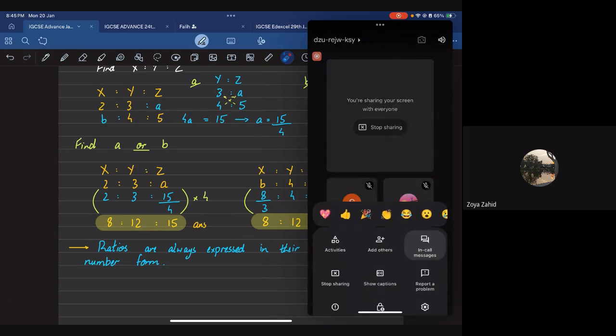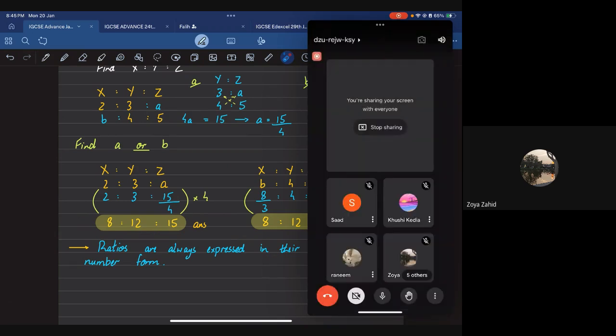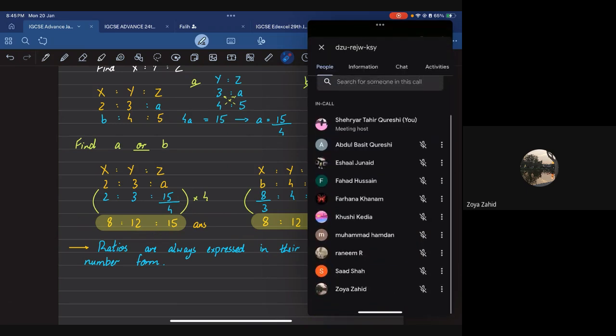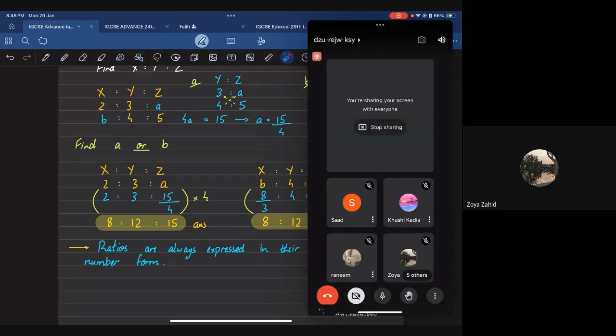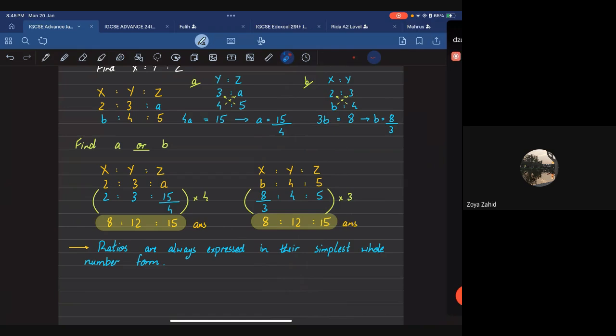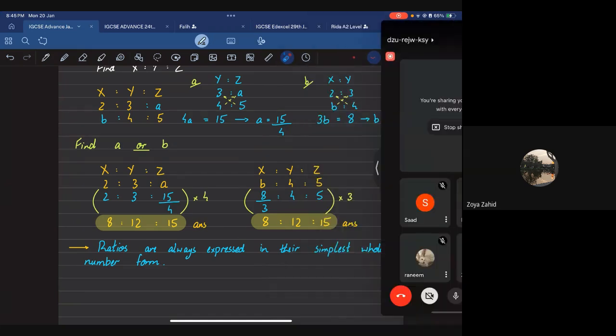Yes, someone's in the chat. Could you just tell us your name, please? Usually people don't use the username, but could you just let me know your name, please, so that I know who I am addressing? Guys, if that person tells us their name, could you kindly relay it to us?